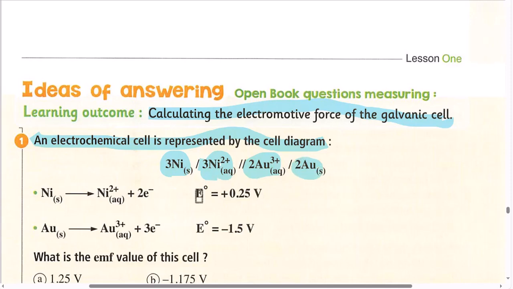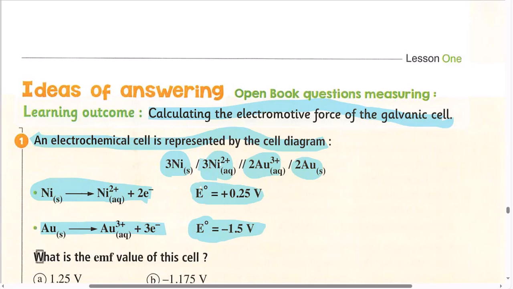So is this value an oxidation or reduction potential? We have to look at the equation. Nickel here is oxidized into nickel positive 2, so the potential refers to the oxidation potential. The nickel oxidation potential is positive 0.25. Here gold's potential refers to the oxidation potential of gold, which is negative 1.5 volt.